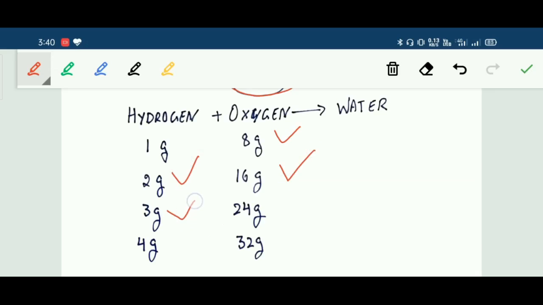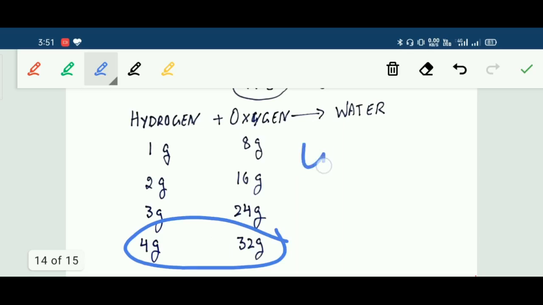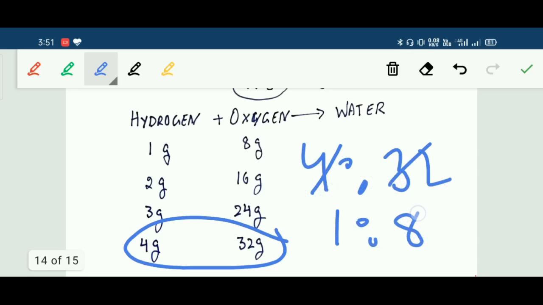For 3 grams, 3 into 8, that is 24 grams of oxygen is required, and for 4 grams it will be 4 into 8, that is 32 grams of oxygen required, and so on. In short, hydrogen and oxygen will always combine in the ratio 1:8 by mass to form water.